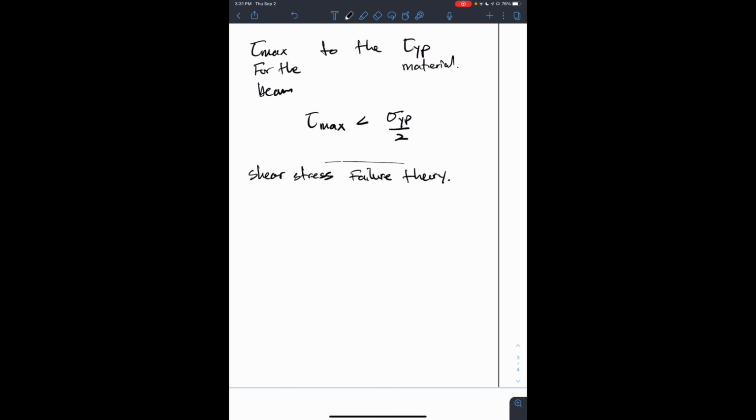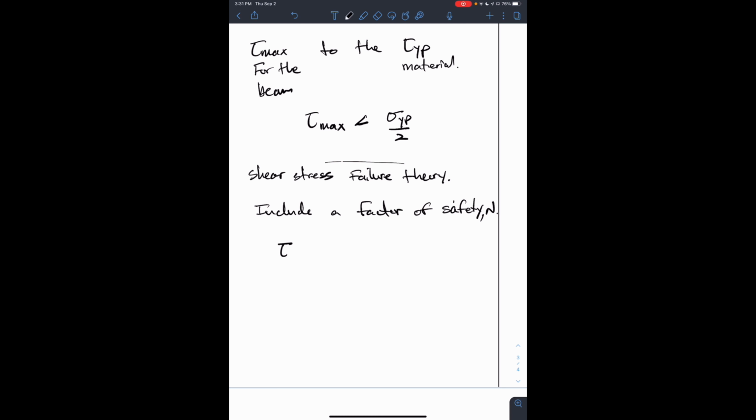Instead of being too exact, what we include now is called a factor of safety. This is also another lecture as to how we select a factor of safety. So we include a factor of safety n, which means that we over-design by a certain factor n.